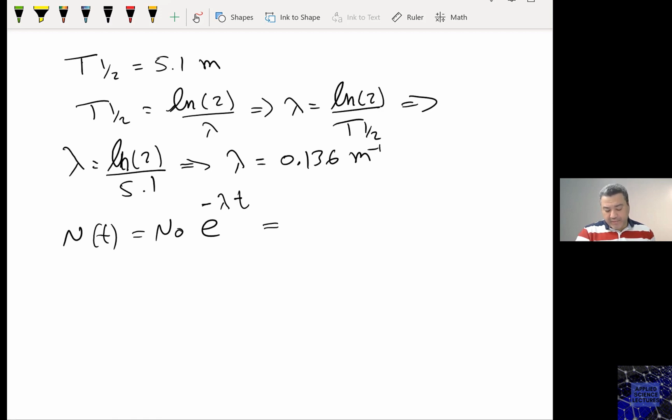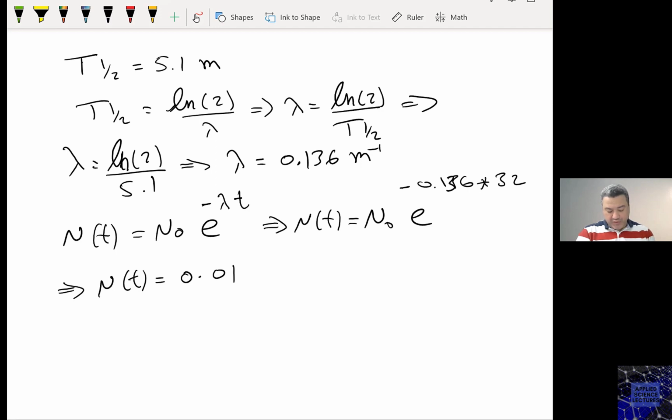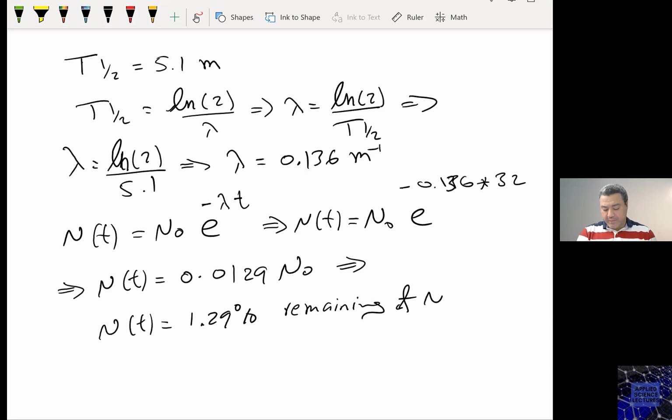So we have N(t) equals N naught e to the power minus 0.136 times 32, and N(t) equals 0.0129 N naught, or N(t) is 1.29% remaining of N naught.